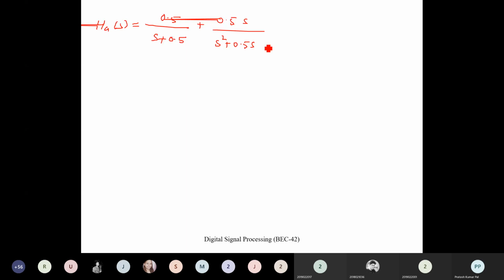Then again it could be 0.5 minus 0.25, and we can write (s plus 0.25) whole square plus 1.39 whole square.